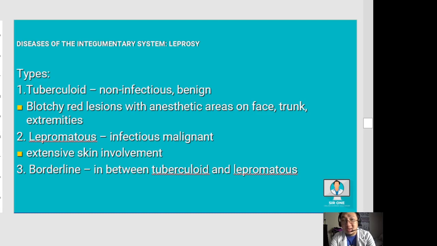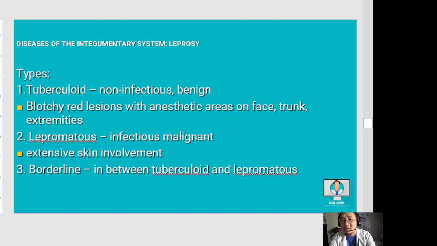And it has a positive lepromin test. This is non-infectious; in its diagnostics, only a few organisms will be found under the microscope on those lesions.